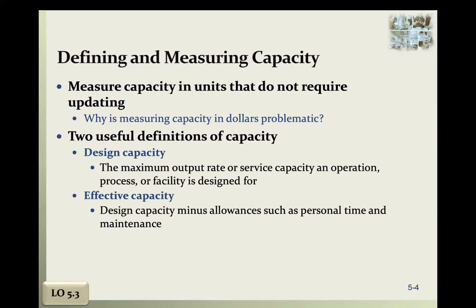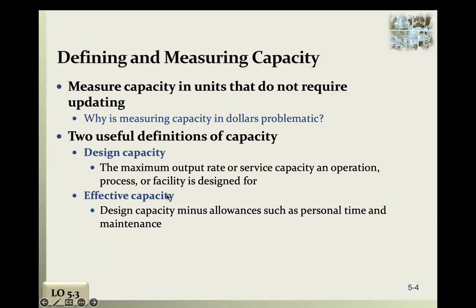There are two types of capacity. One is called design capacity and the other is effective capacity. Design capacity is the maximum output rate or service capacity an operation, process, or facility is designed for. So this is essentially theoretical.